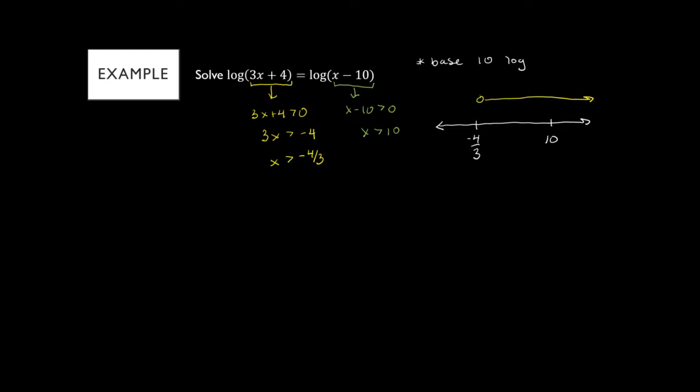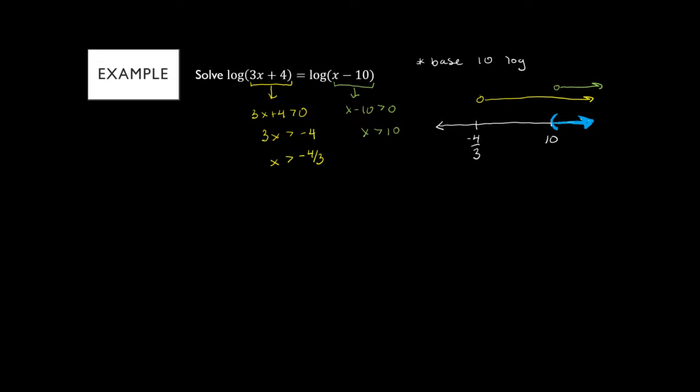The other one says we need to be greater than 10. Our solution needs to be the overlap of these two things. So whatever we get when we solve needs to be greater than 10, because that's where these two inequalities overlap. We need to make sure when we solve that whatever we get for x is bigger than 10.